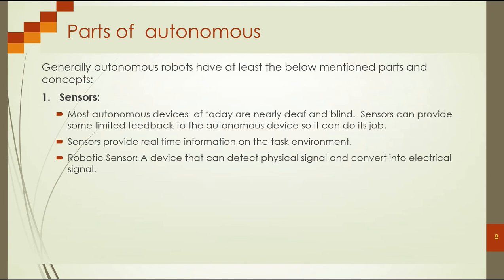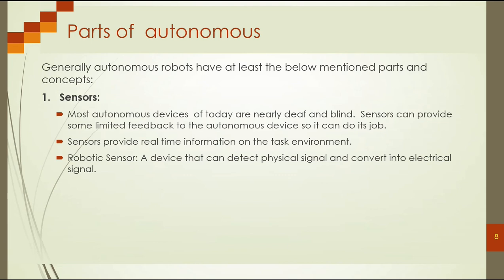Also, the sensors in general provide real-time information on the task environment, based on the current information, because here we talk about real-time systems as well. If you remember, last week we talked about the vacuums, right?